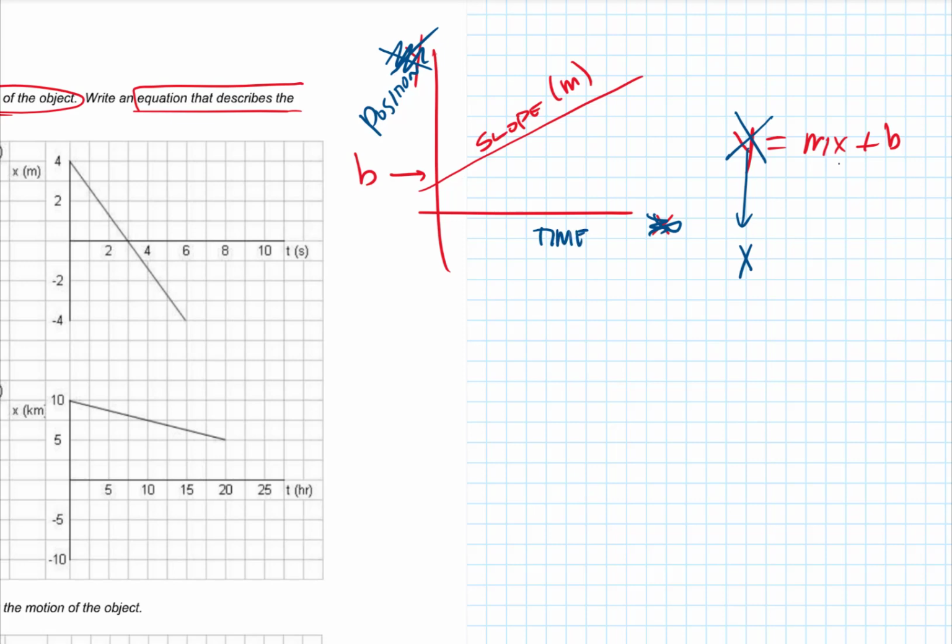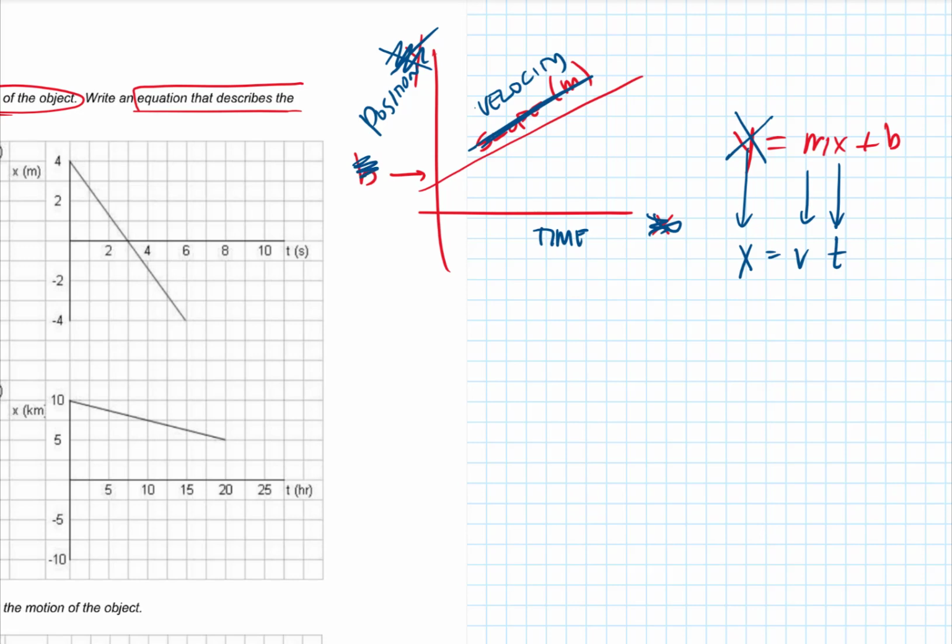So instead of writing down x-axis, we're going to actually write down what's on the x-axis. And we said for a position versus time graph, that slope is equal to the velocity. So instead of writing m for the slope, we're going to write velocity, because the slope of a position versus time graph is velocity.